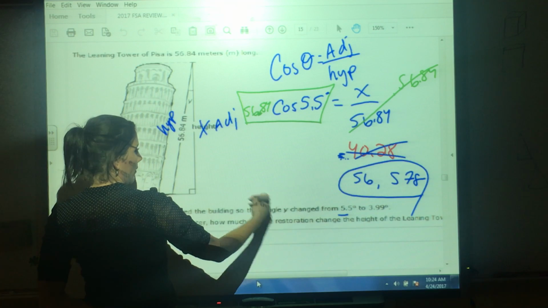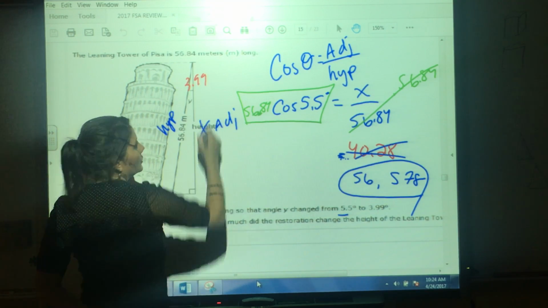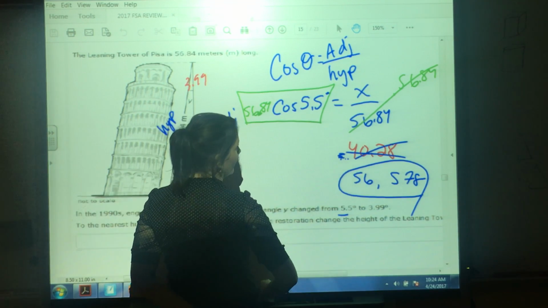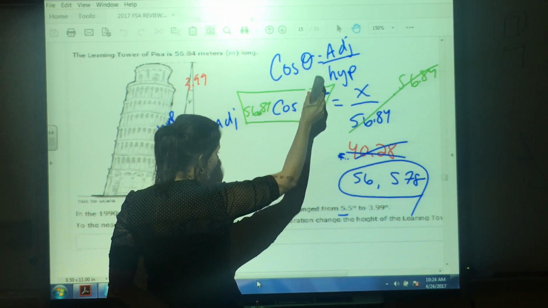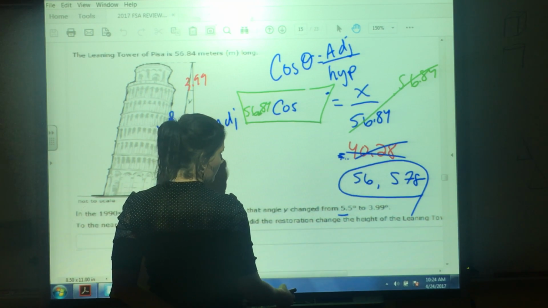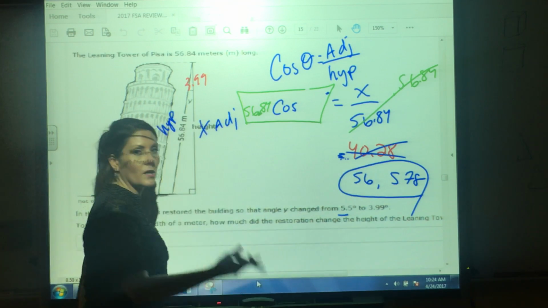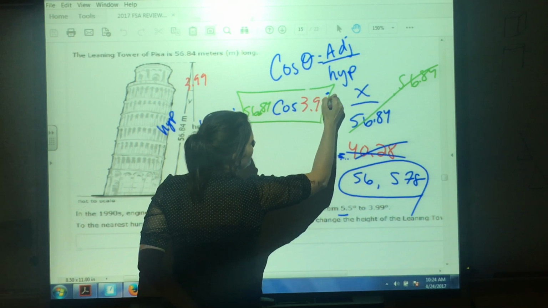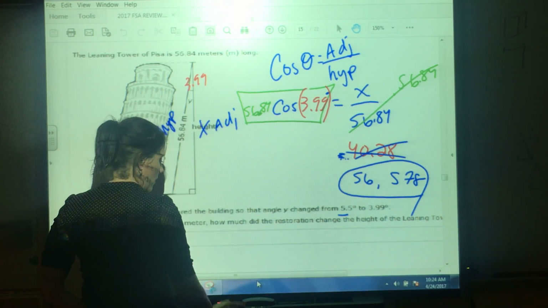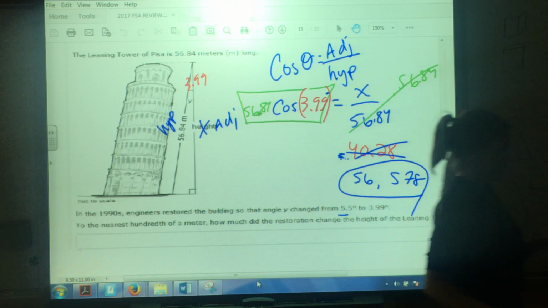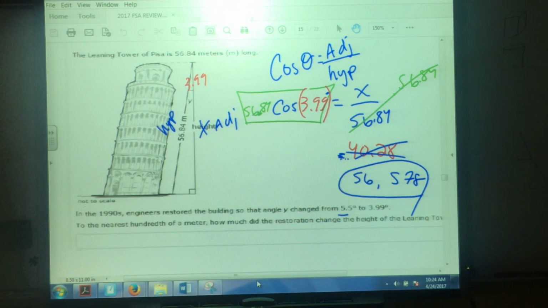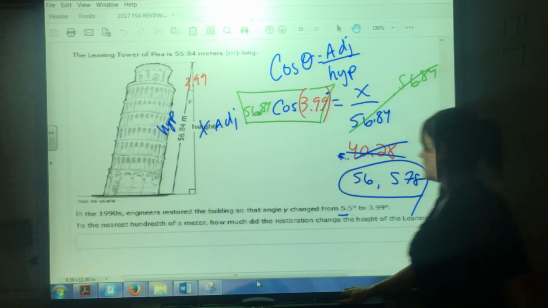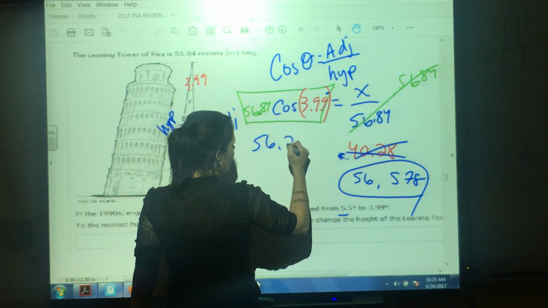So this is going to be 3.99? Guess what? Do the same exact thing, except our angle measure is changing. That's the only thing that changed, right? Are we good? Are y'all with me? Yes. Thank you. So now put that in for the angle and tell me what you get. 56.702.